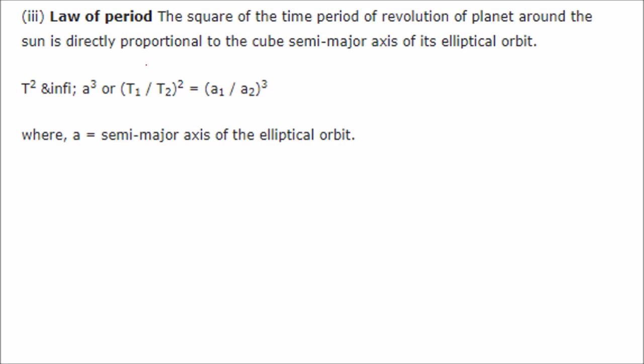Law of period. This says that T squared is directly proportional to a cube, or you can say r cube. The square of the time period of revolution of a planet around the sun is directly proportional to the cube of the semi-major axis of its elliptical orbit.